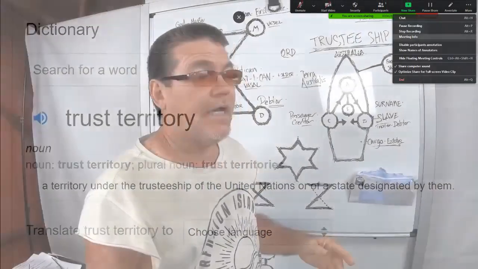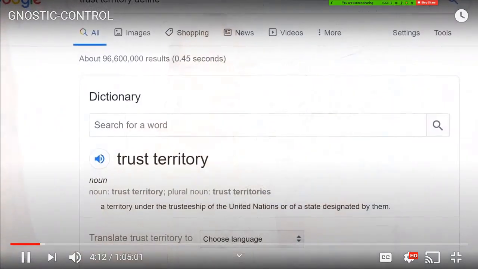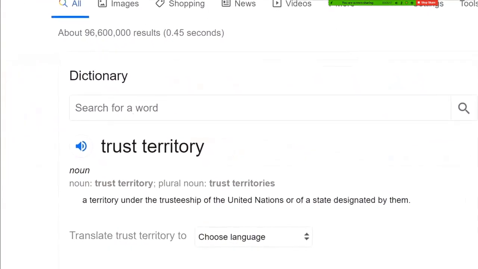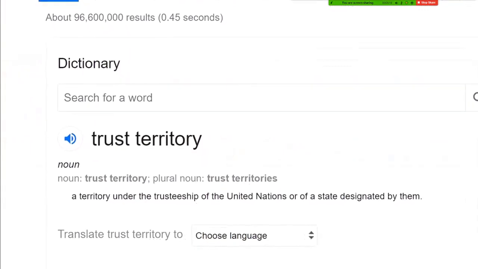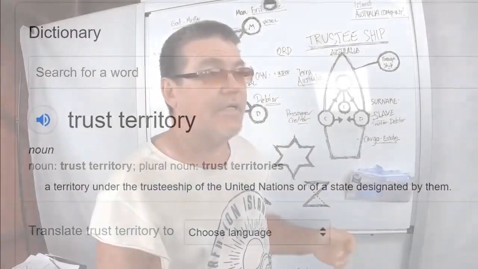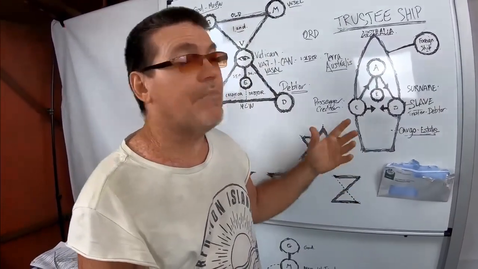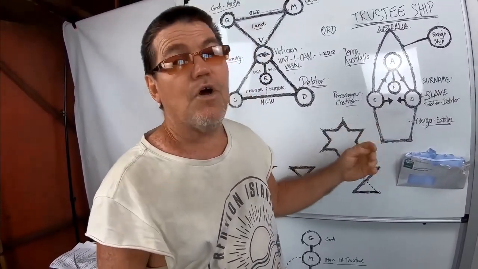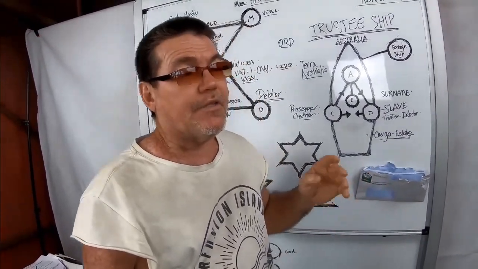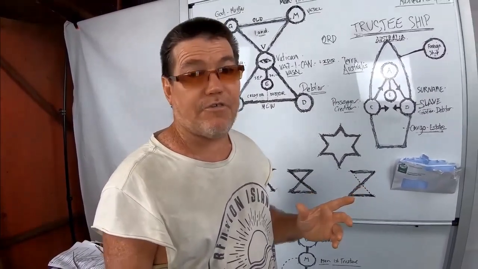And in the case of the United States, or Australia, or Canada, or Great Britain, these areas are really known as trust territories.